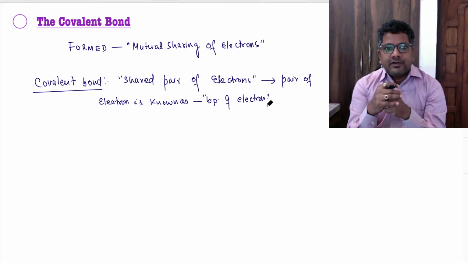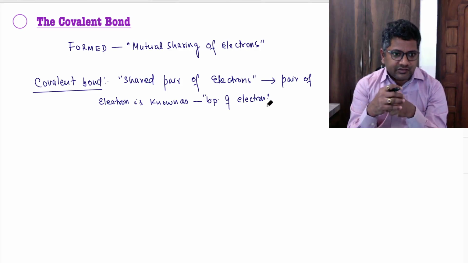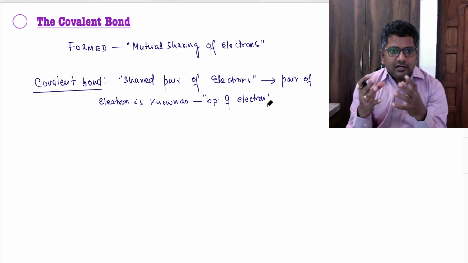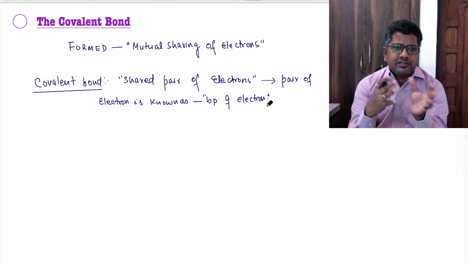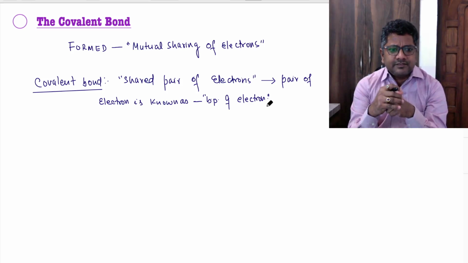So, dear students, we have many theories of covalent bonding, like valence bond theory, which includes hybridization, resonance, and all these things, and molecular orbital theory. But before going into the detail of all these theories, the Lewis structure should be sketched.